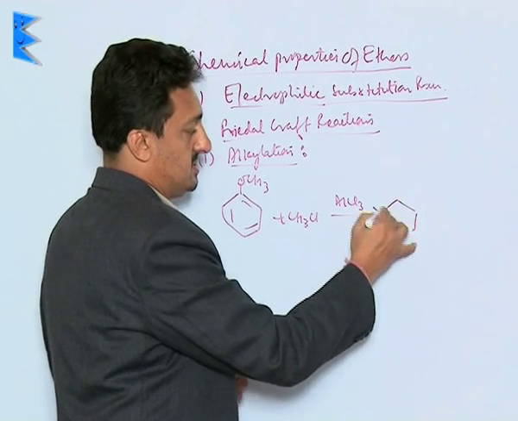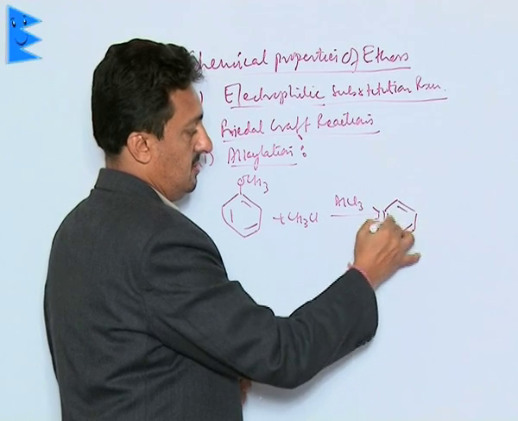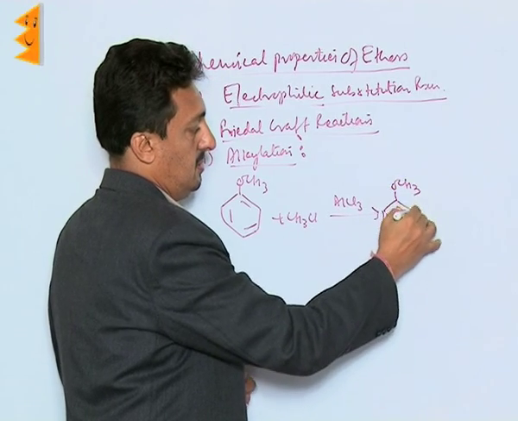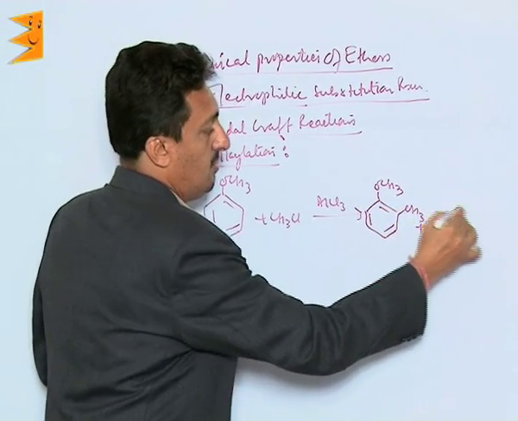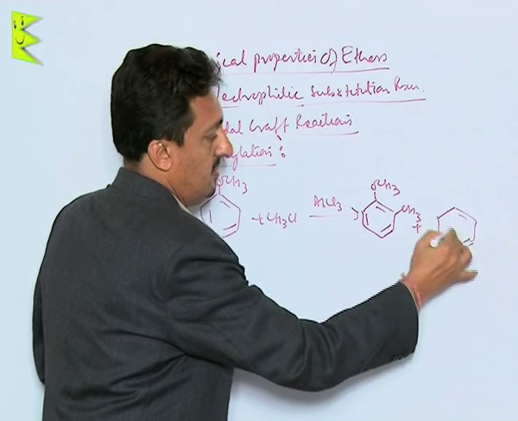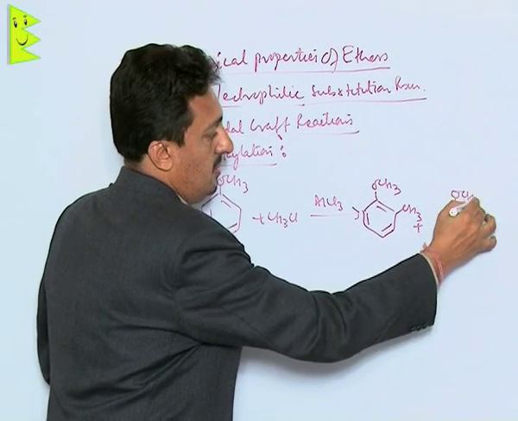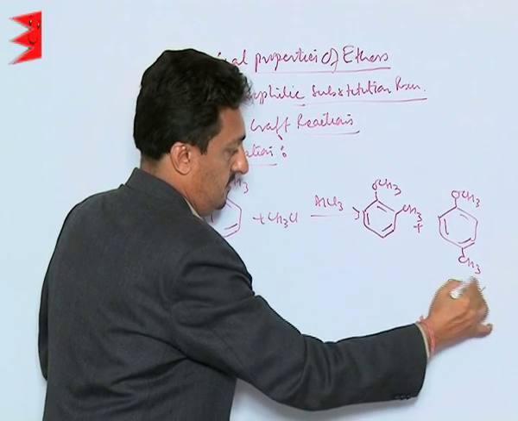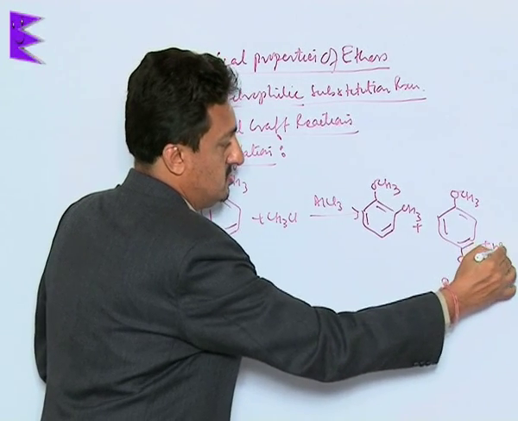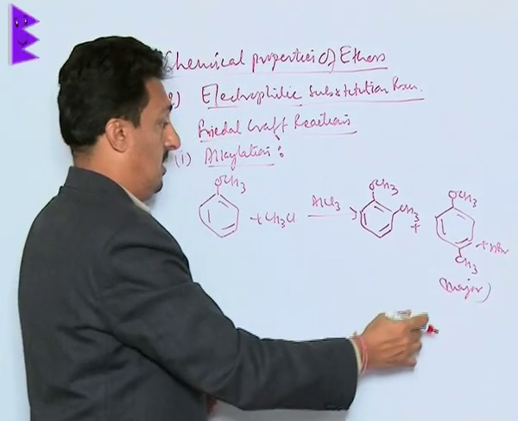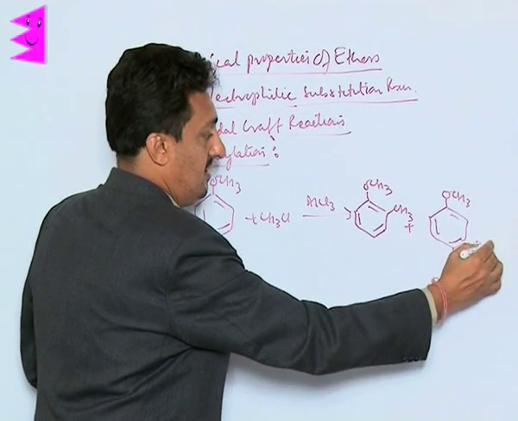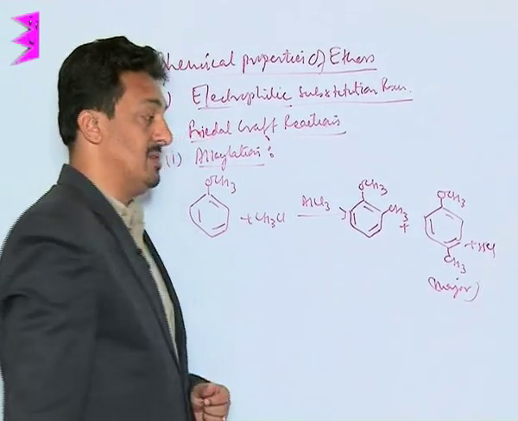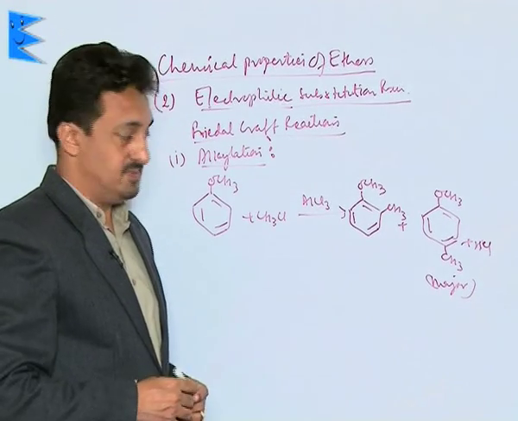Now ortho methyl and para methyl substitution takes place, along with HCl. The para one, due to symmetry, will be the major product.